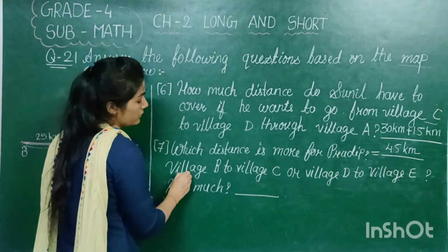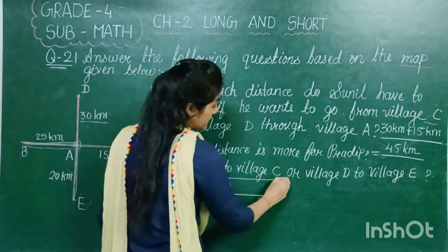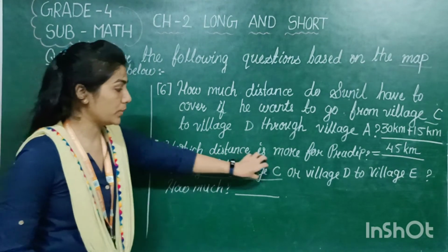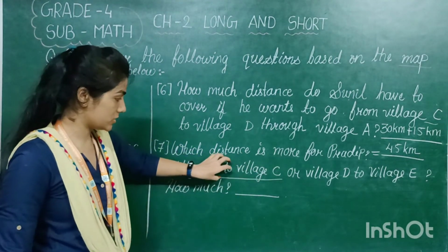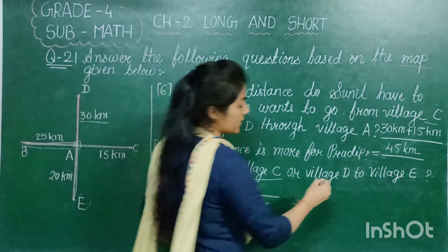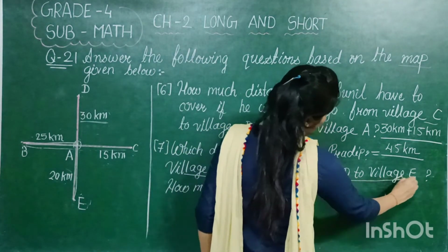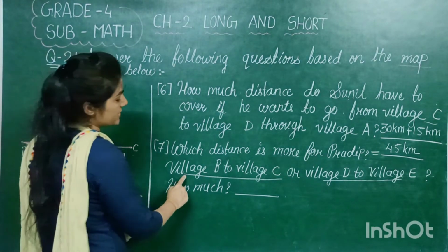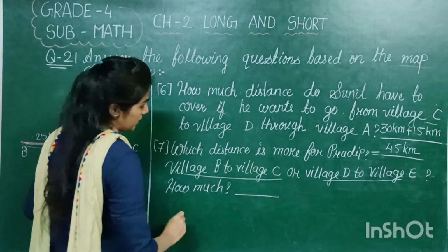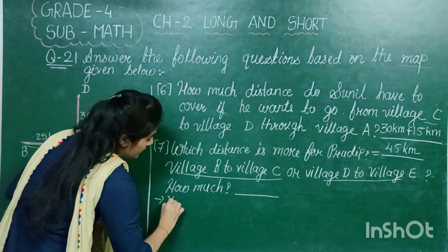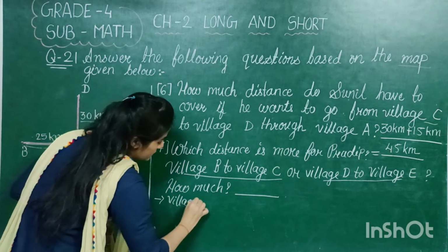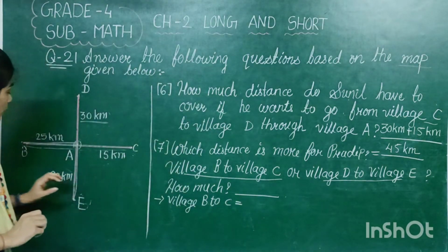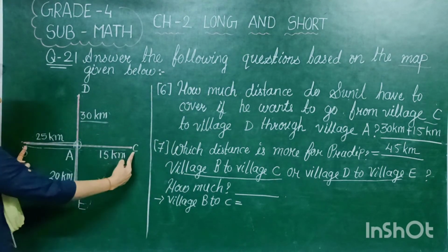So first of all, we need to find the distance between village B and C, and the distance between village D and E. So let's find it. First we will find the distance between village B to C. Village B to C means this distance.